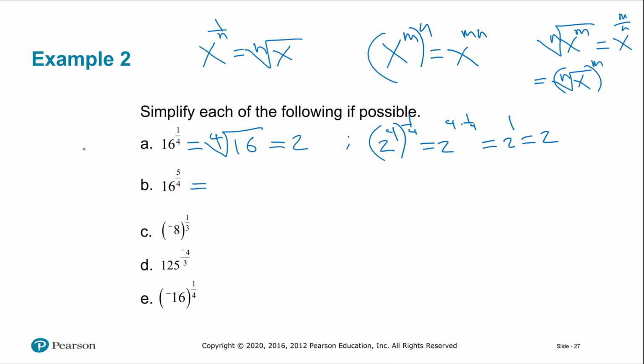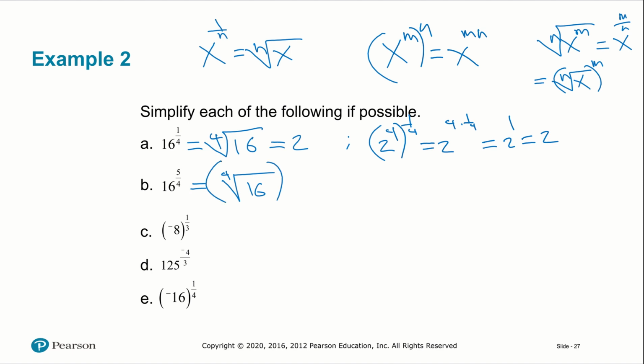So here I'm going to write this as, now remember, this denominator is going to become the index. Always remember that. The denominator becomes the index, and then you can put the 16 inside. Now I can put the 5 here to the power of 5, or I can use this handy rule and put the 5 on the outside.